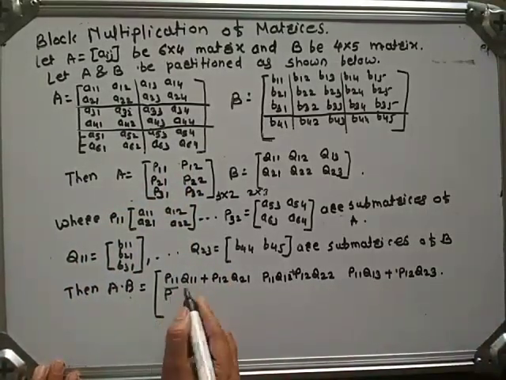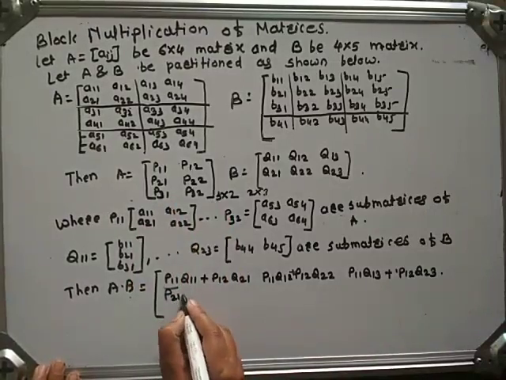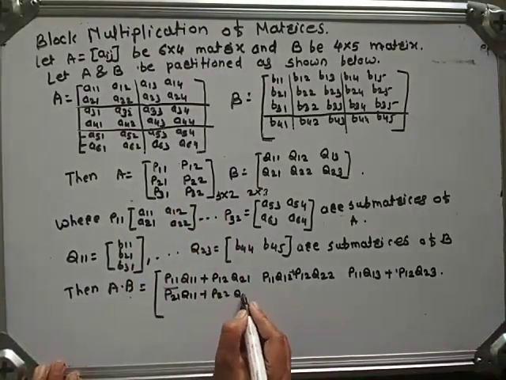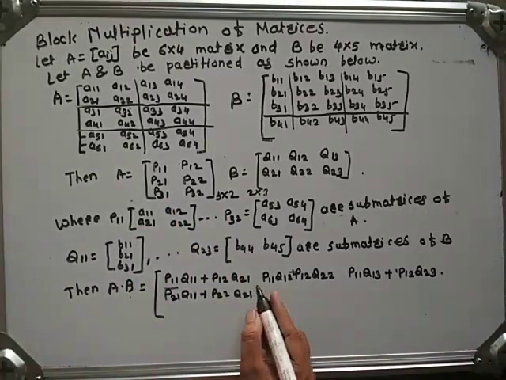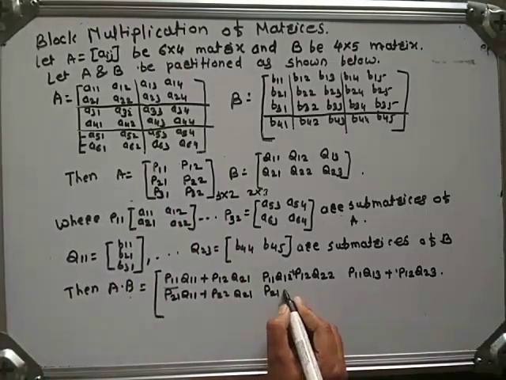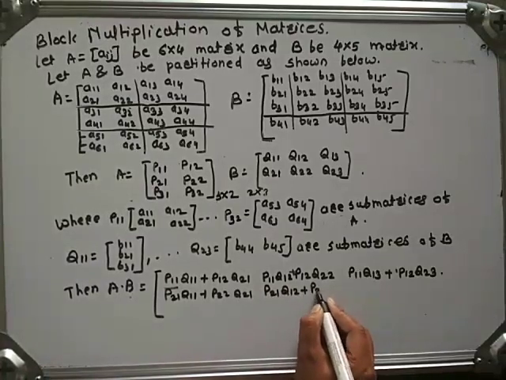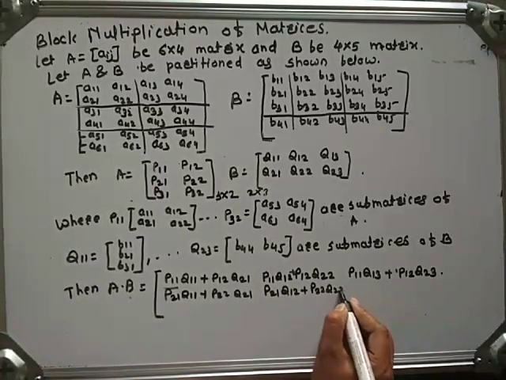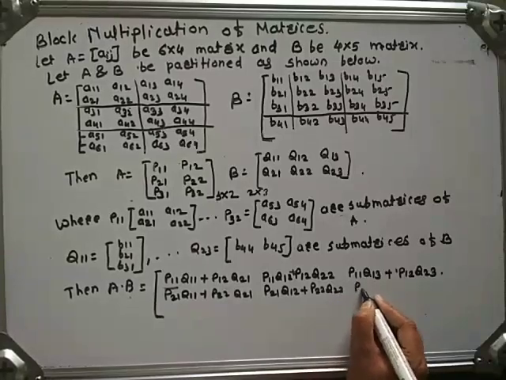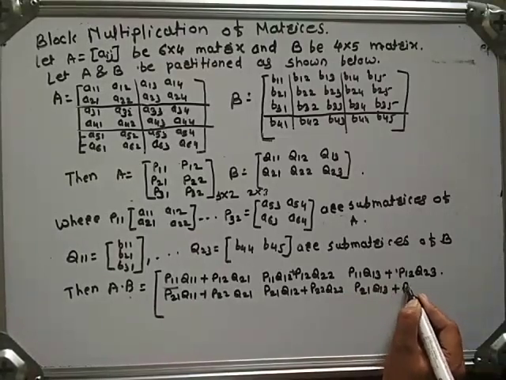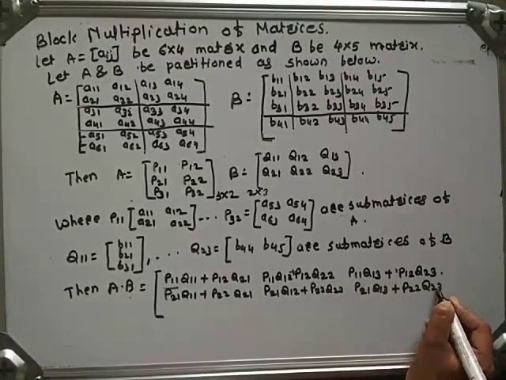Again, the next entry is P21 into Q11 plus P22 into Q21. Then next is P21 into Q12 plus P22 into Q22. The next entry is P21 into Q13 plus P22 into Q23.